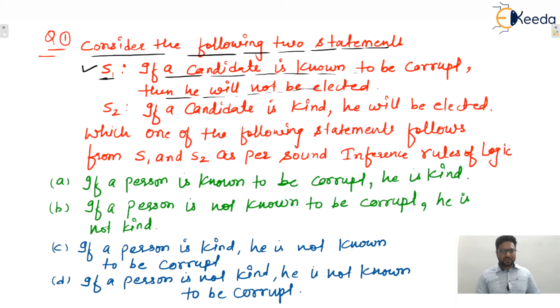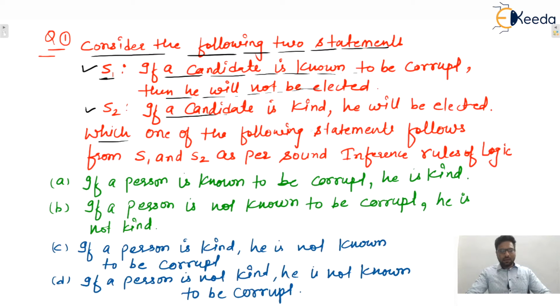That is the first statement. What is S2? S2 is, if a candidate is kind, then he will be elected. That is your statement 2. Then the question is, which one of the following statements follows from S1 and S2 as per sound inference rules of logic? Okay. So we'll see which one is correct, which one is not correct.